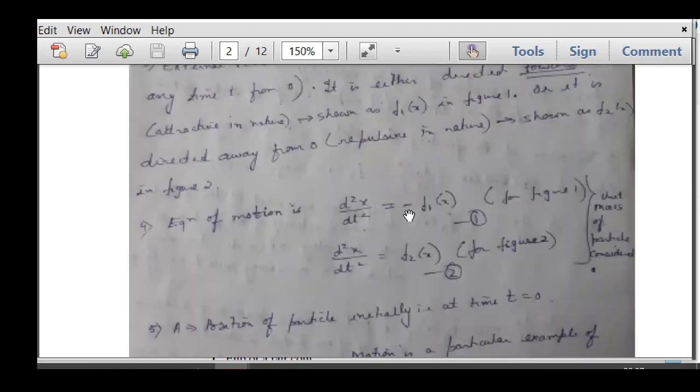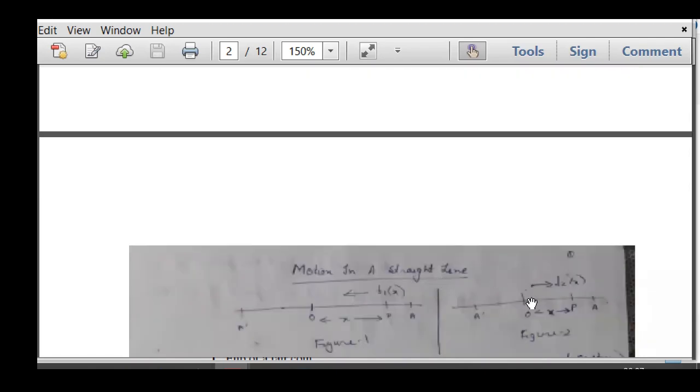So what we can say in just one word is that whenever we are dealing with an attractive force, that means whenever the particle is attracted towards a fixed point, then you have to put a minus here. And just in the opposite, in figure 2, d2x/dt2 is obviously increasing in the direction of x increasing.